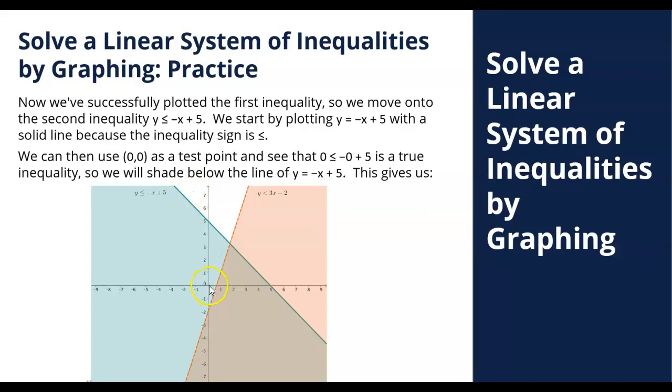Then we get a representative point. Again, I would use the origin. The origin is below this line here, and we see if it satisfies the inequality. If this is 0 and this is 0, we have 0 less than 5, and that is true. So the region that contains the test point satisfies the inequality.